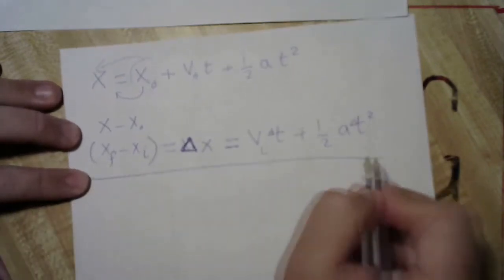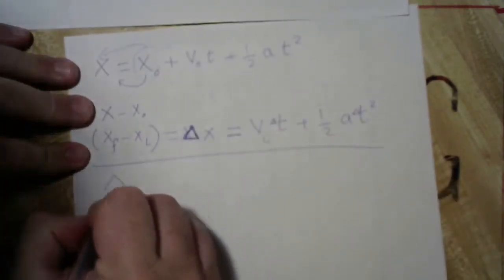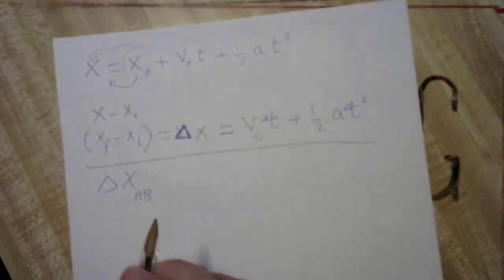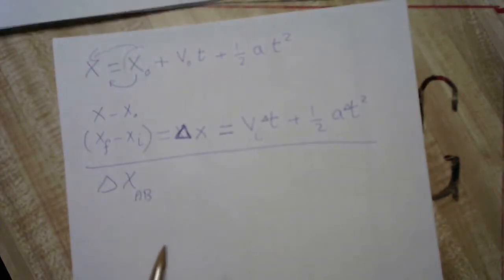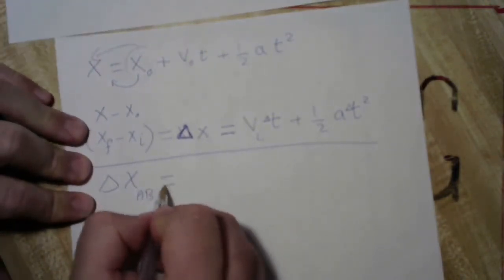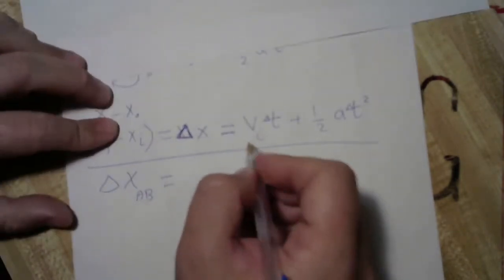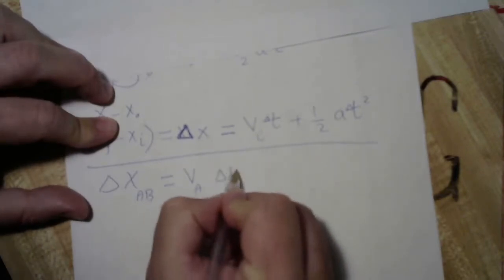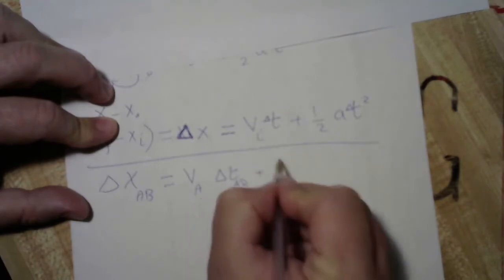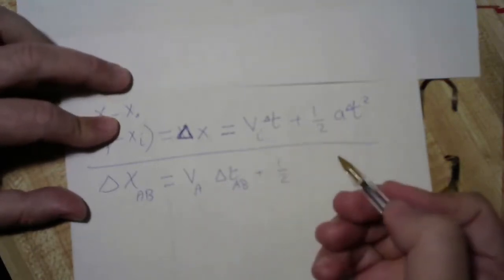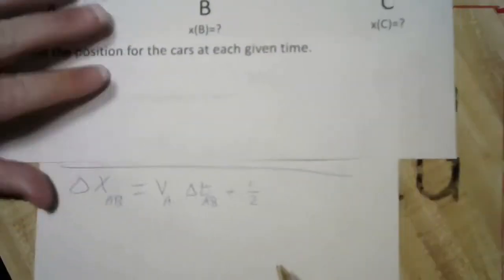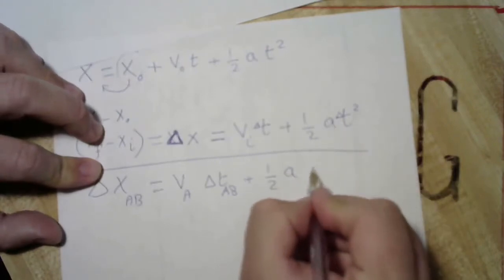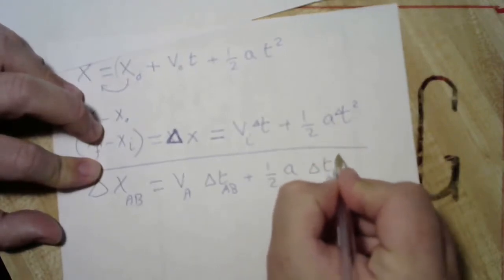Now I will compute the delta x from A to B. So I have delta x is equal to v initial, which means v at A, multiplied by the time period from A to B, plus half the acceleration. The acceleration is constant all the way. It is 2, multiplied by delta t from A to B squared.